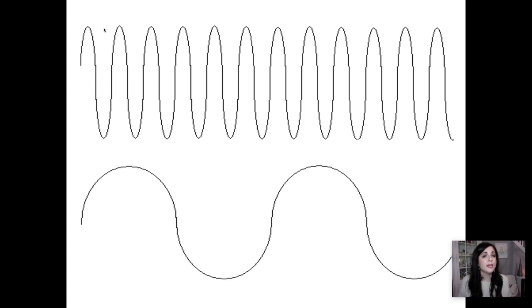The shorter the wavelength, the more waves you can fit in a period of time, okay? As opposed to a wave that has a very long wavelength, like this one on the bottom: the longer the wavelength means the lower the frequency. Not as many waves can pass through a point in a given period of time.